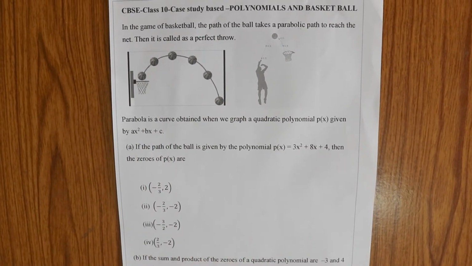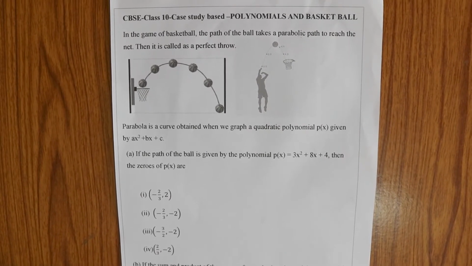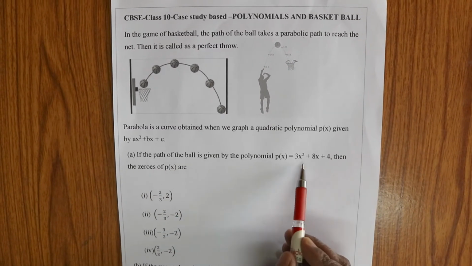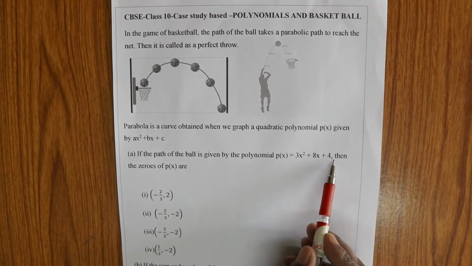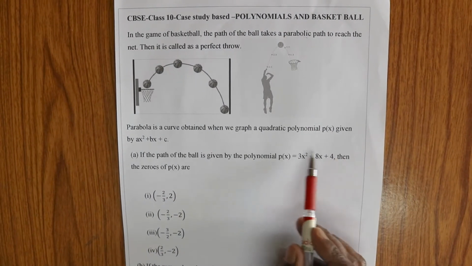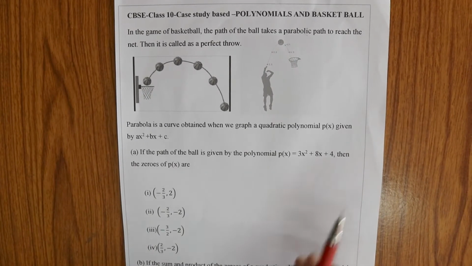Then let's come to the first part of our case study based question. If the path of the ball is given by the polynomial 3x squared plus 8x plus 4, then the zeros of p of x are. So you're supposed to find the zeros of this polynomial. How will you find the zeros? You have to factorize it.